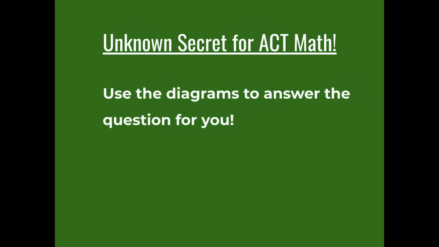And you may be wondering, why is that the case? It's because all of the diagrams in the ACT test are actually scaled. So the numbers they give you are actually relative to the other numbers that are present in that problem. So definitely we want to take advantage of the scaling approximation and use it to your own advantage.